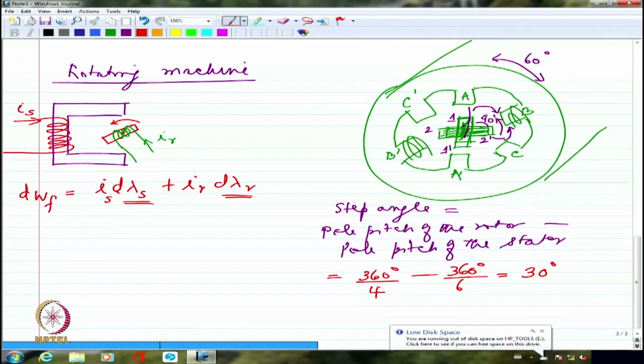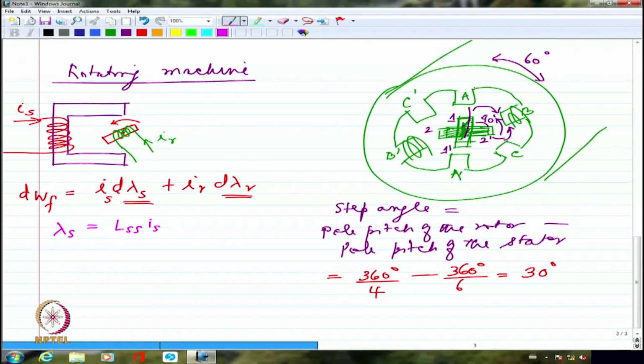So, I can write basically that lambda S is equal to LSS IS, where LSS is its own self-inductance. That is essentially the induced EMF that will show up because of its own current.